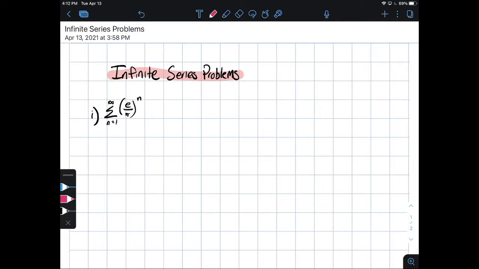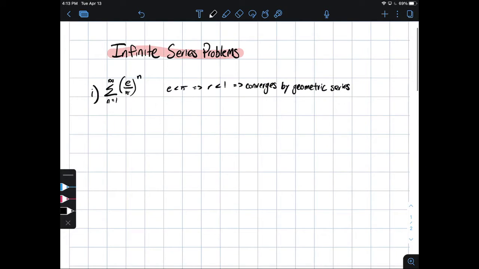And this one's actually extremely easy to solve because we know that e is less than pi. Therefore, this r value, we can call it, is less than 1. Therefore, the series converges by the definition of a geometric series. Converges by a geometric series. So that one was easy.